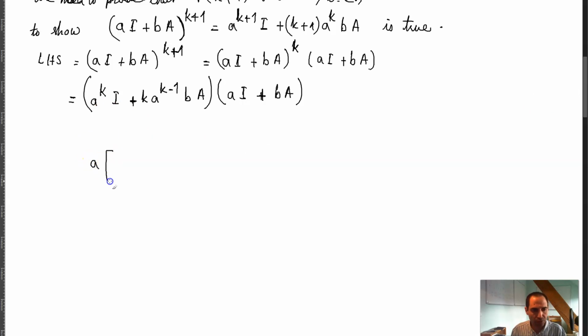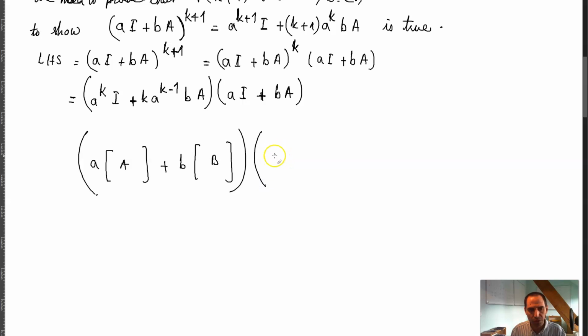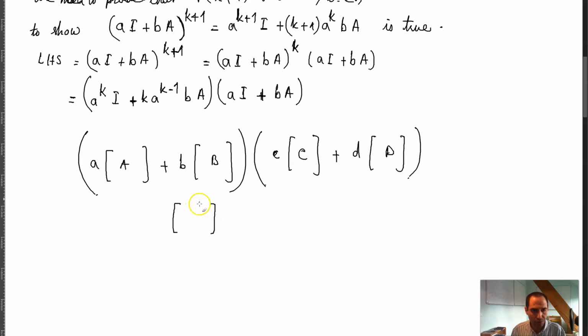for example, A times some matrix A plus B times some matrix B, and you multiply this by C times some matrix C plus D times some matrix D, what happens is that, of course, you can multiply this scalar by matrix A, this scalar by matrix B, this scalar by matrix C, this scalar by matrix D, add the two matrices together, and then you will end up with two matrices, one matrix for this part and one matrix for this part.